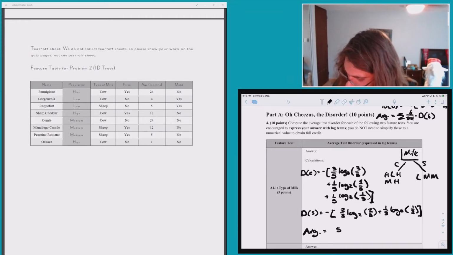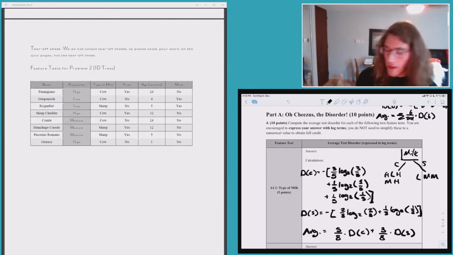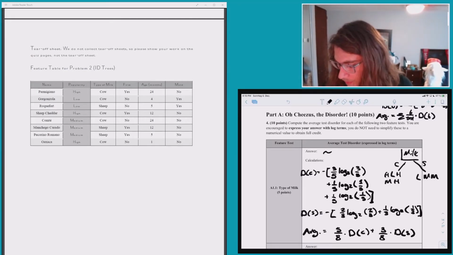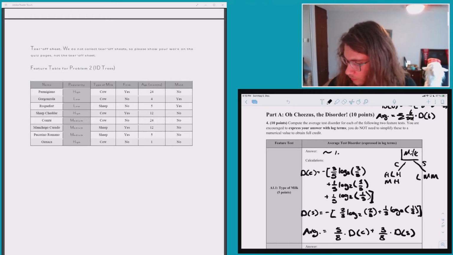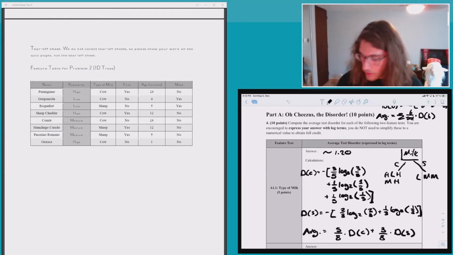So cow has 5 out of the 8 points in the test times disorder of cow, and then disorder of sheep has the 3 remaining points out of the 8 times the disorder of sheep itself. And I'll just write down approximately the answer so that you may practice this on your own. It's 1.20 approximately if you work out all the log terms and all the fractions.